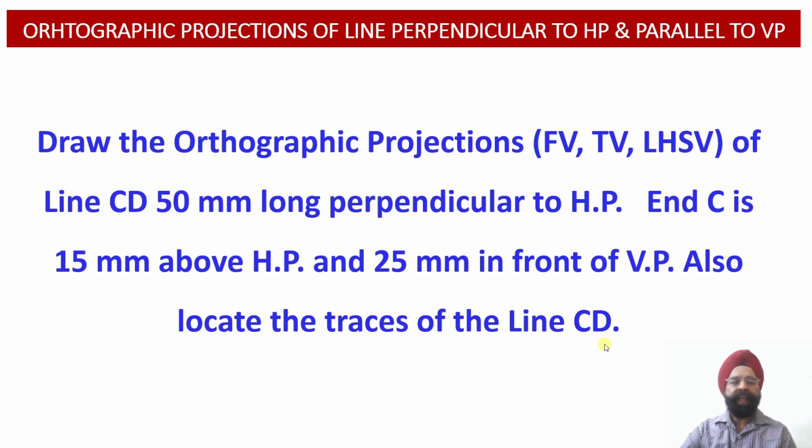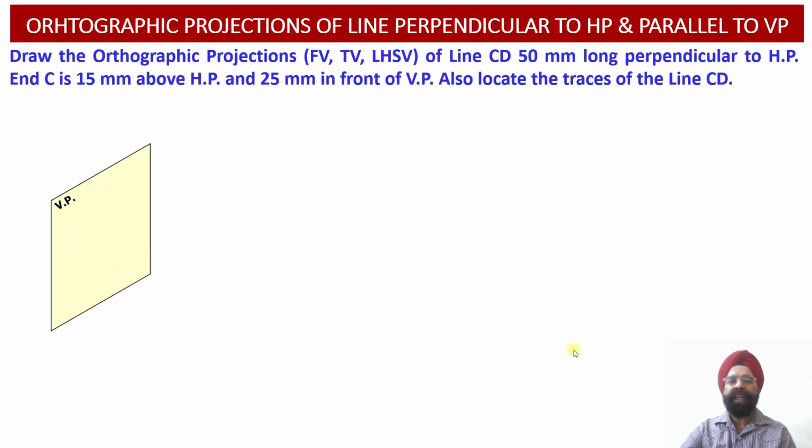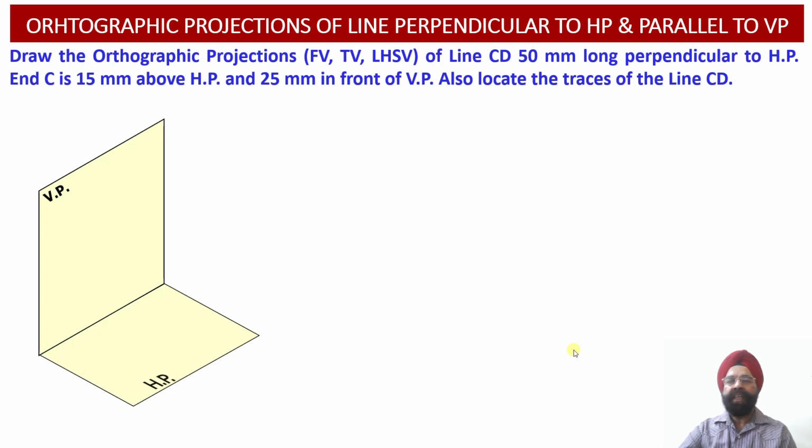and the vertical trace. Now let us first of all evaluate the spatial 3D coordinate location of this line CD with respect to horizontal plane, vertical plane and the profile plane. So here we have got the horizontal plane, vertical plane, and the intersection of the horizontal plane and the vertical plane will be providing us with the XY reference line.